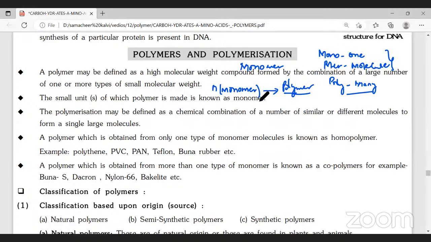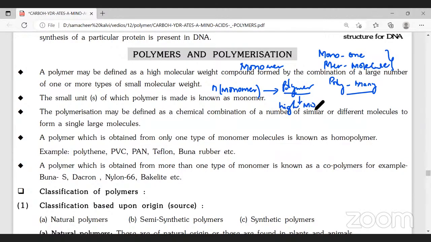So mono stands for one, poly stands for many, and mer stands for molecule. When many molecules combine to give a polymer, this polymer will have very high molecular weight.